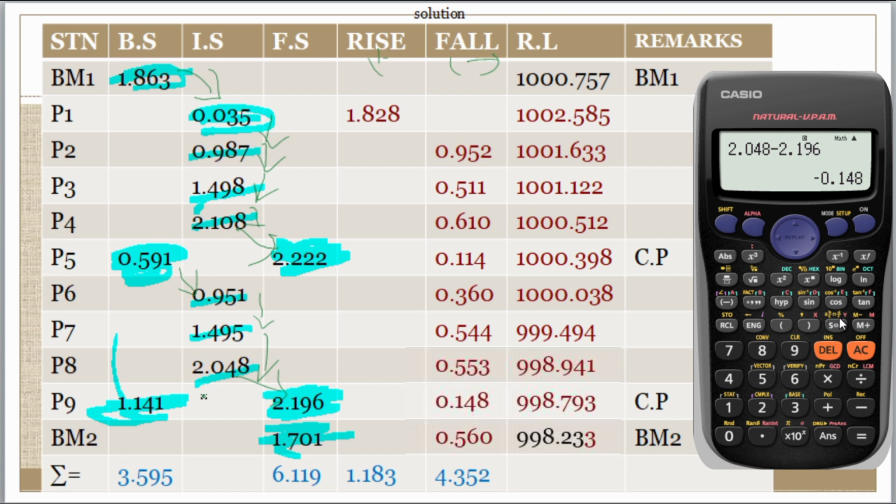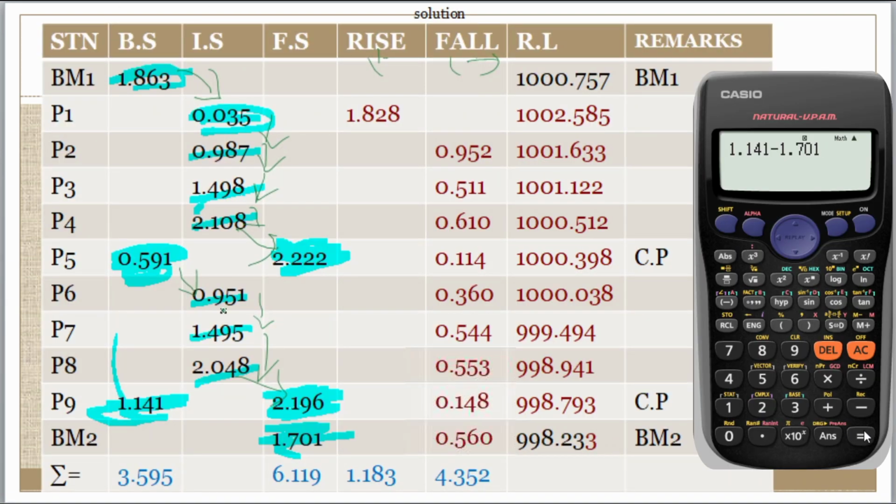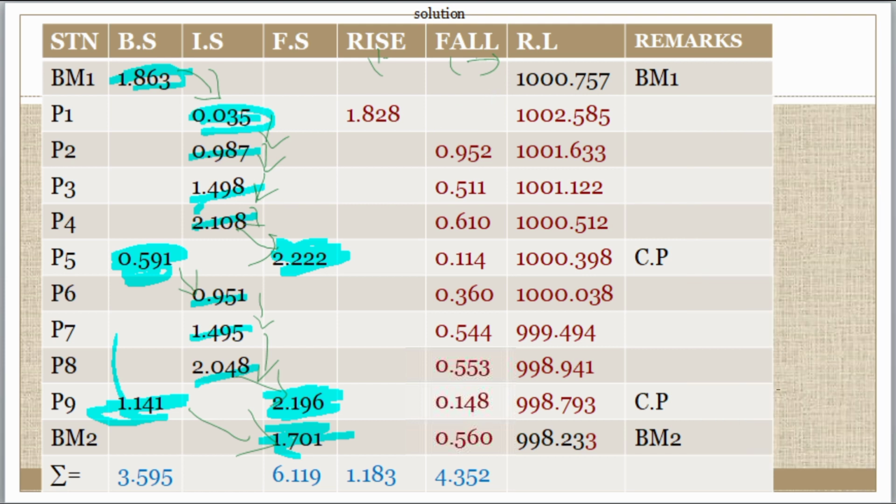Then on the instrument position 3, here we had only the backsight and the foresight, the first and the last reading taken there. So you subtract only those, getting your answer again as a negative. So all those values fall under the fall.